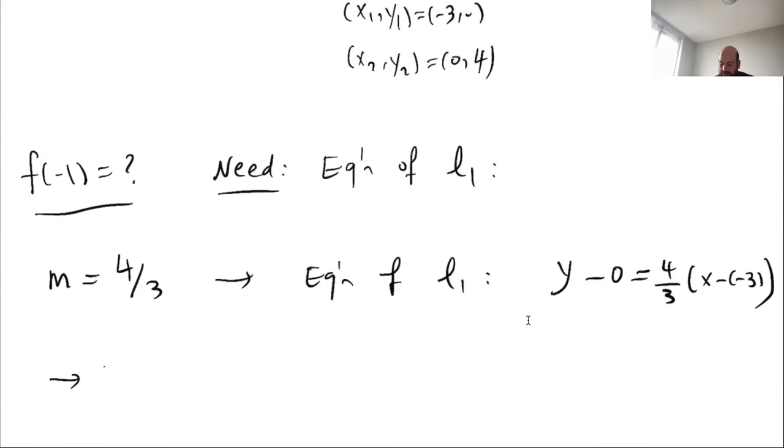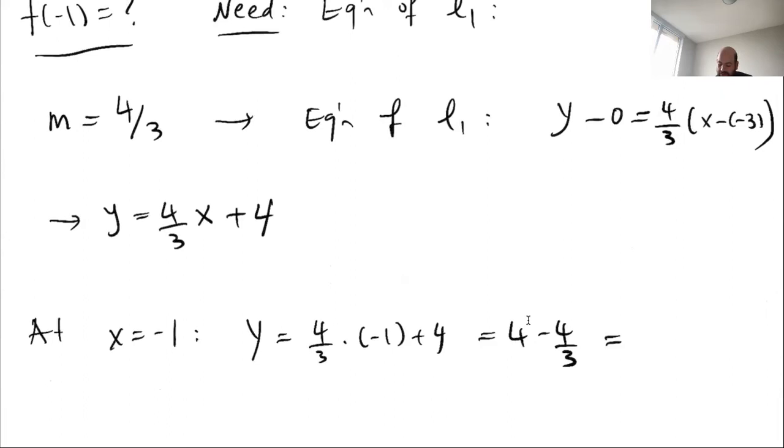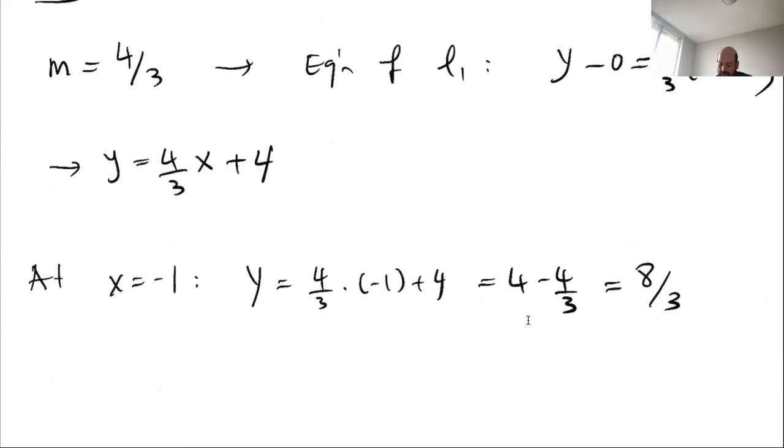That's going to be y equals 4 over 3 x plus 4. So at x equals -1, y is 4 over 3 times -1 plus 4. This is 4 minus 4 over 3, which is 8 over 3. So f of -1 is equal to 8 over 3.